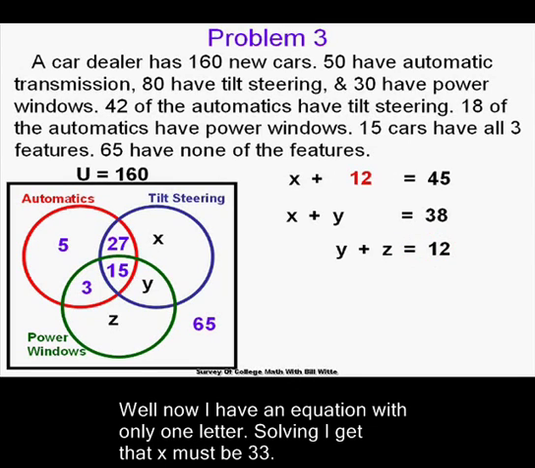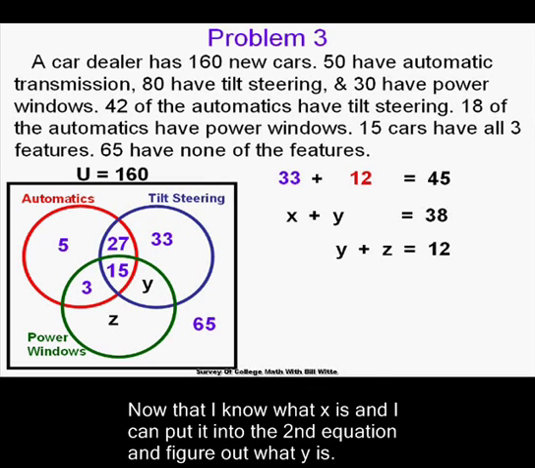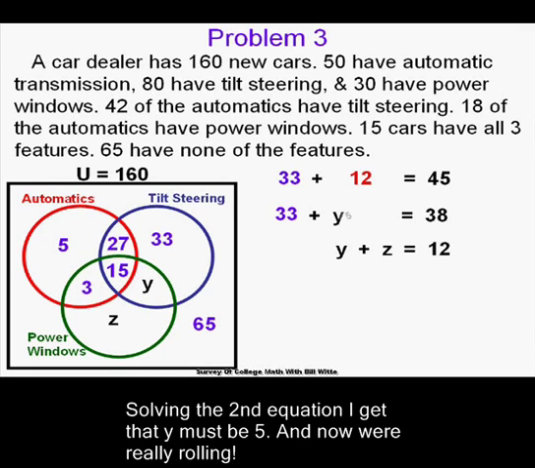Let me put 12. Well, now I have an equation with only one letter. So x must be 33. I'm rolling. This is a tough one. Now I know what x is. Certainly, I can put it there and figure out what y is. 33 plus y is 38. So y must be 5.